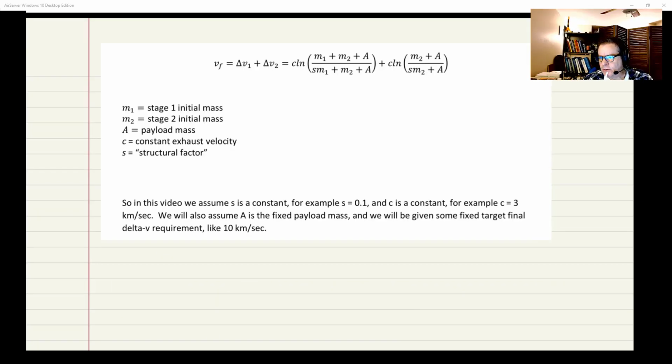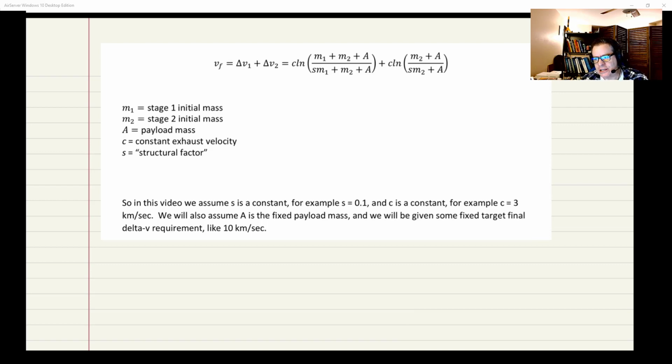In this derivation, we will assume the structural factor for each stage is the same, that is, S is constant, and we'll also assume each stage expels exhaust with the same velocity. That exhaust velocity, again, is that value C, and we'll assume that's constant and the same in each stage.